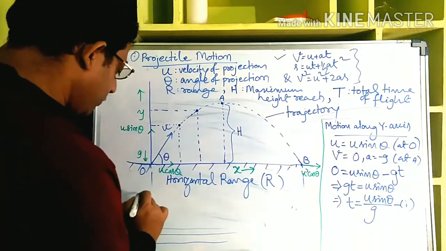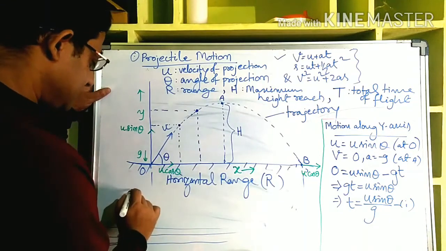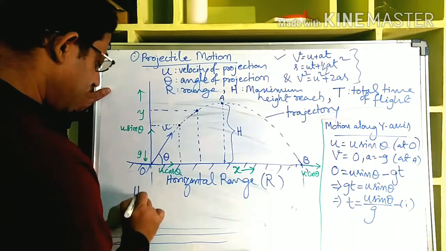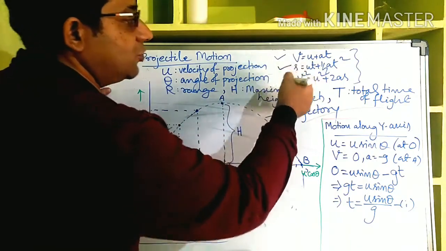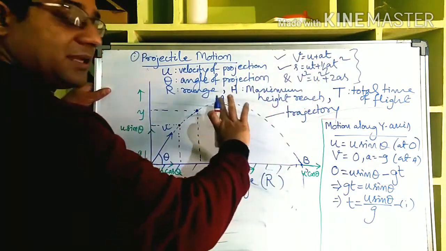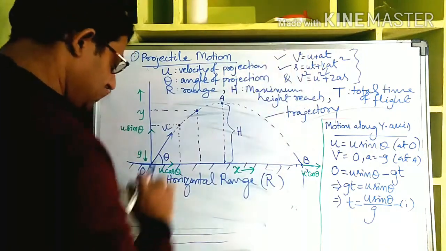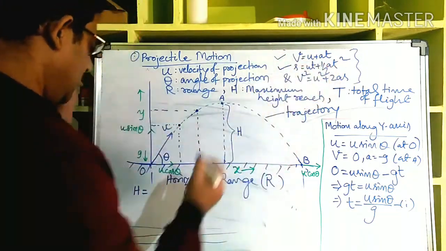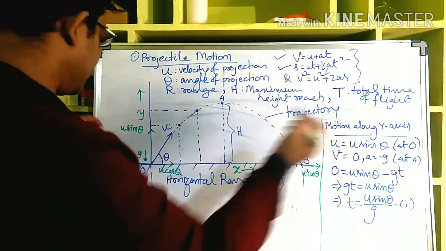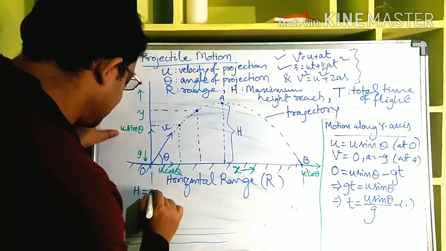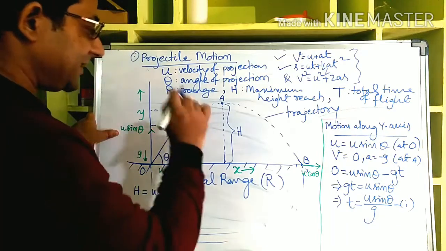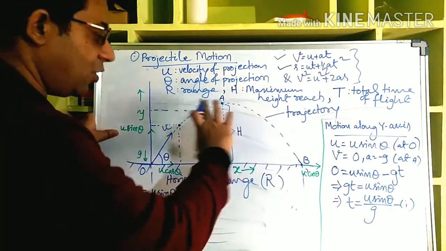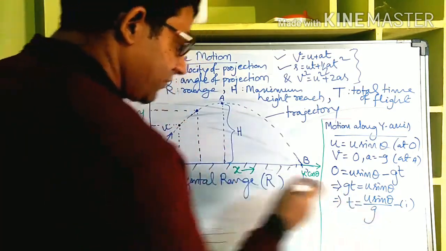So the distance traveled, I am writing directly h, and I am going to apply s is equal to ut plus half at square. s is nothing but the maximum height reached, so h is equal to initial velocity multiplied by the time. Initial velocity is u sin theta, multiplied by time t, and how much time is required to reach A, that we have calculated already.